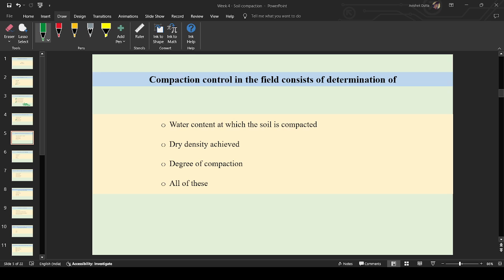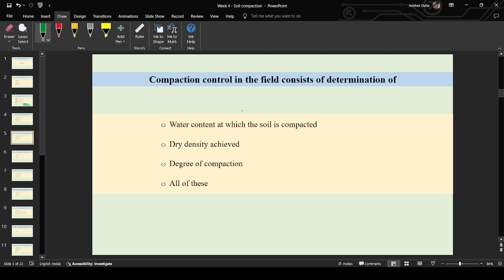Just in the previous question also, there was something with respect to the moisture content in the field compaction, right? The answer is all of these. Because when you say degree of compaction, what is degree of compaction?